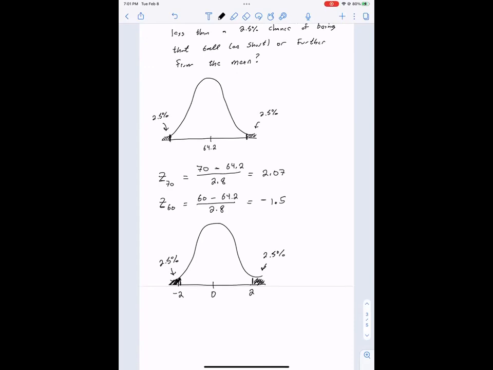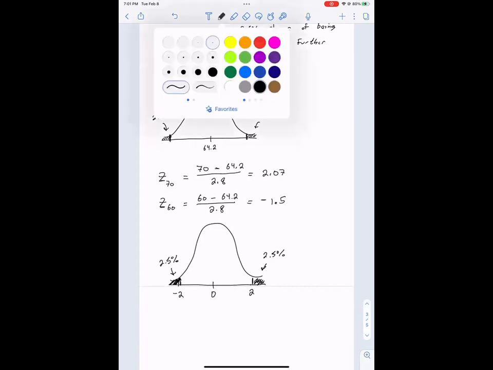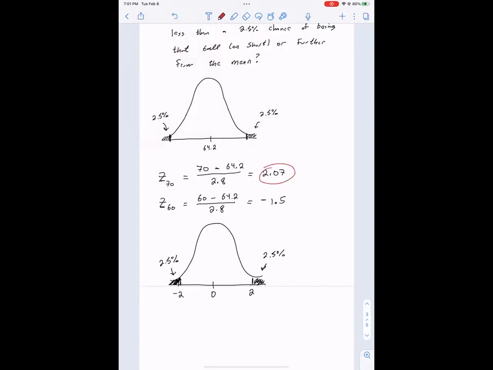Given their Z-scores, are either of these 2 women unusual in that sense? Yes, the 70-inch woman with a Z-score of 2.07 falls in that region of unusualness. So she's an outlier. Outlier just means something outside the norm, so yes, you can call her an outlier.